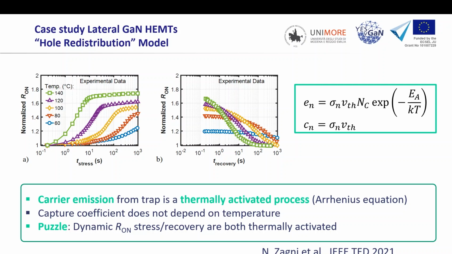Normally this is more conventional in the sense that the emission rate depends on temperature through the activation energy, which basically corresponds to the trap level, but the capture is not really activated. There is a temperature dependence of the thermal voltage, but it's not as high as this one here. So we tried to use the simulations to understand what was happening here.